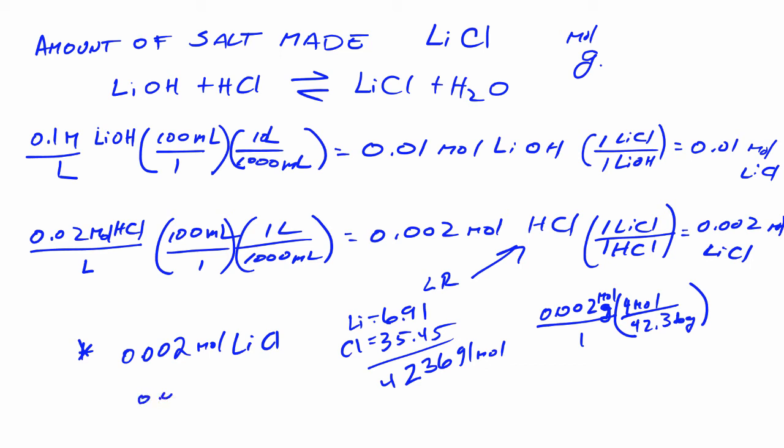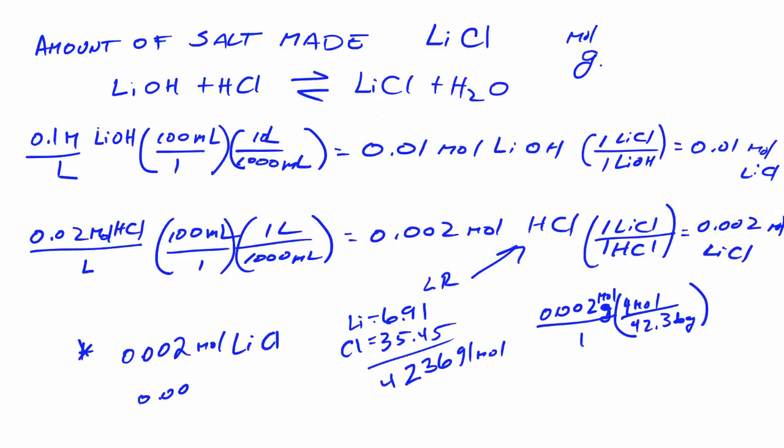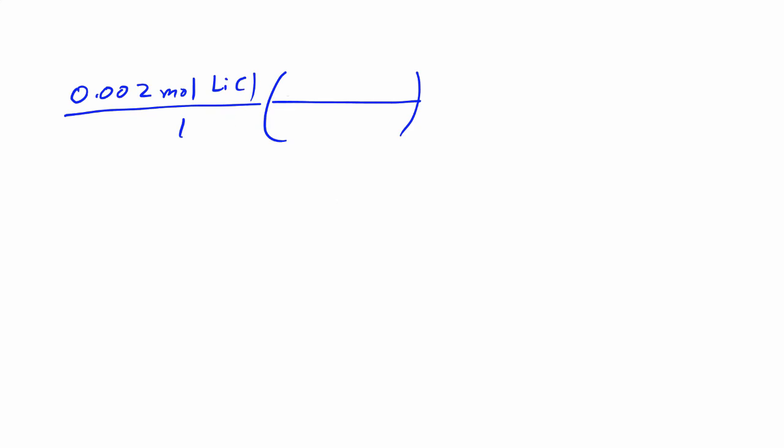So let me go down here, go to the next slide. 0.002 moles, make sure you get this right, of LiCl, and we need 42.36 grams per mole of lithium chloride. Moles cancel, and then we end up with mass.